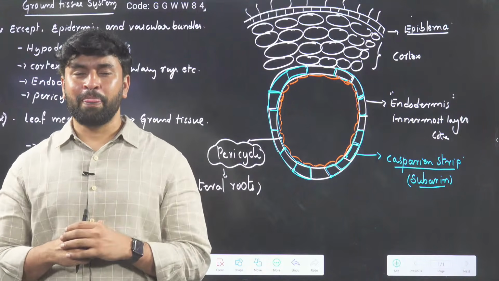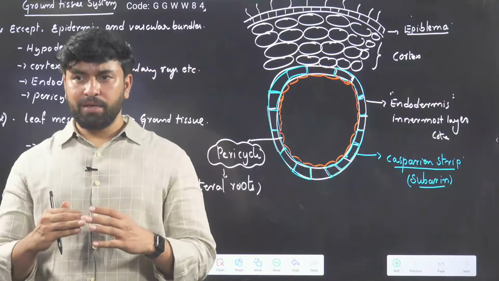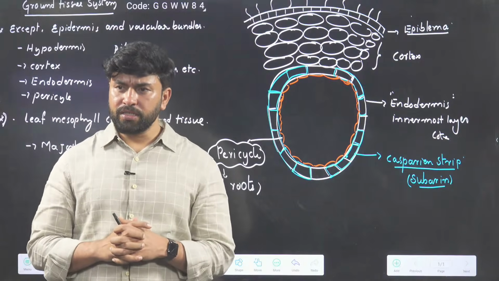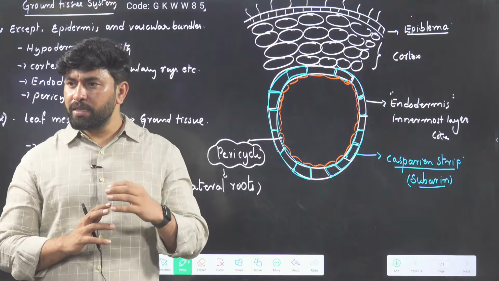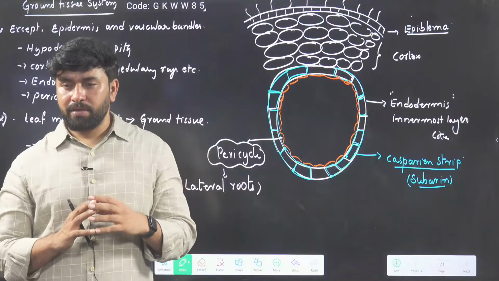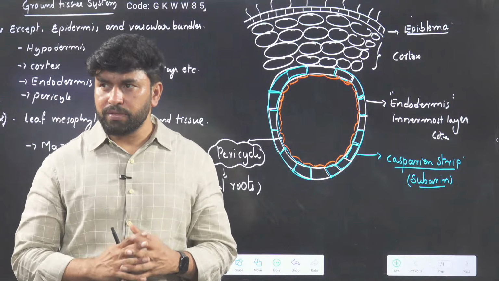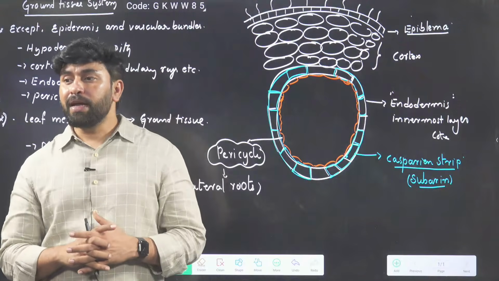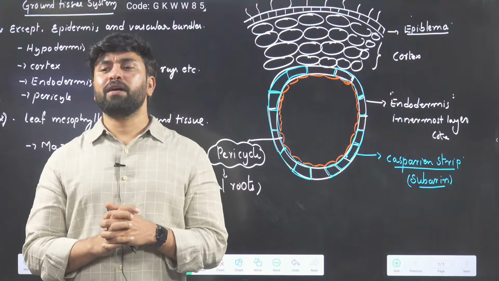When you talk about lateral roots, which are nothing but branches of root, have you seen branches even in stem? Yes, we have seen branches in stem. Could you recall from where we have got those branches? A stem produces branches. Am I correct? The branches of stem are developed from where?